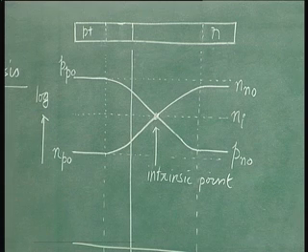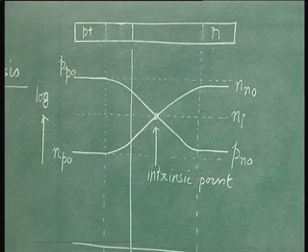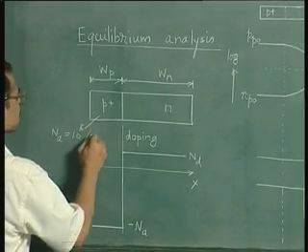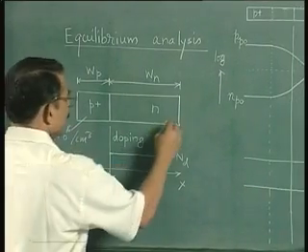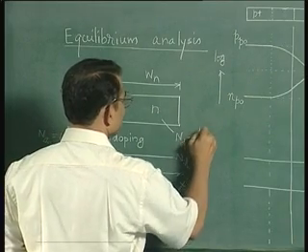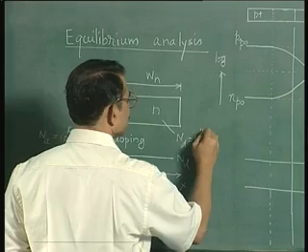Let us take a typical example. Let us say the doping on this side is 10 power 16. Okay, so Na is 10 power 16, and Nd is 10 power 15 per centimeter cube.